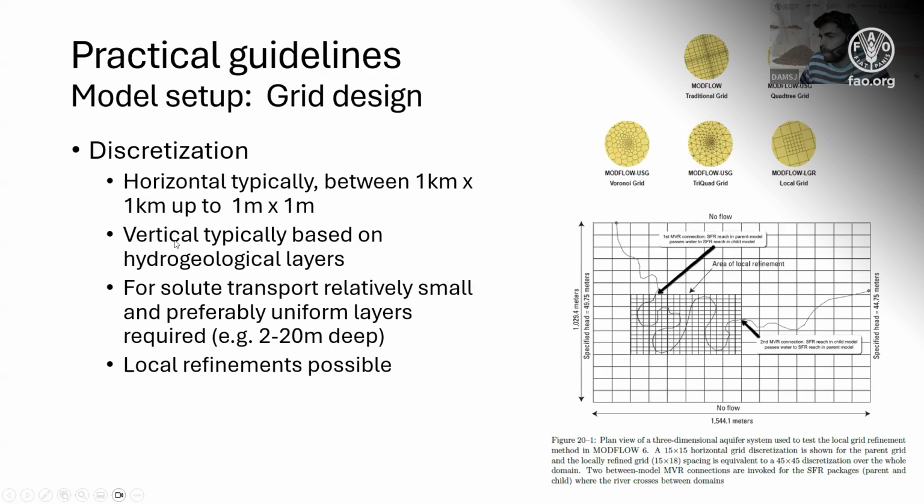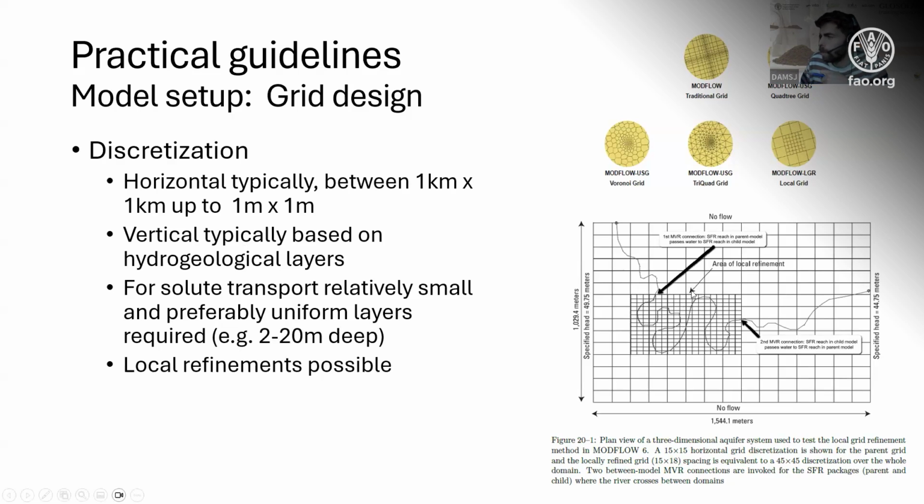Vertically, the discretization is based mainly on the hydrogeological layers, but if you want to do a solute transport model, it is good to make your layers as uniform as possible and maybe split the hydrogeological layers into smaller simulating layers, which are between 2 meters and 20 meters deep at the maximum scale.